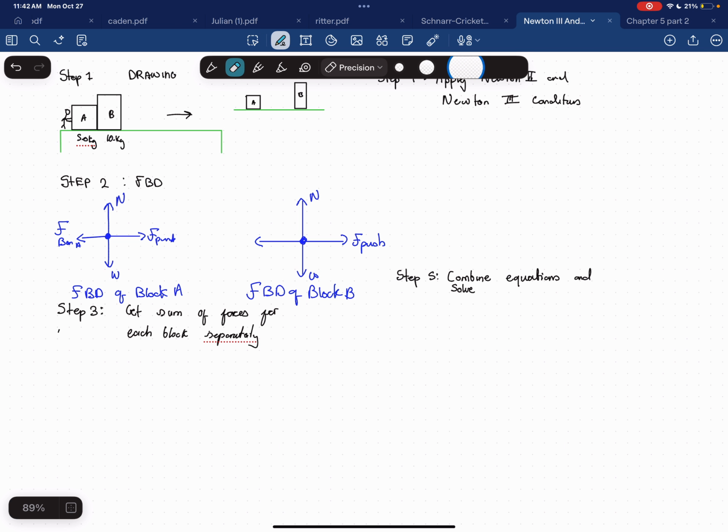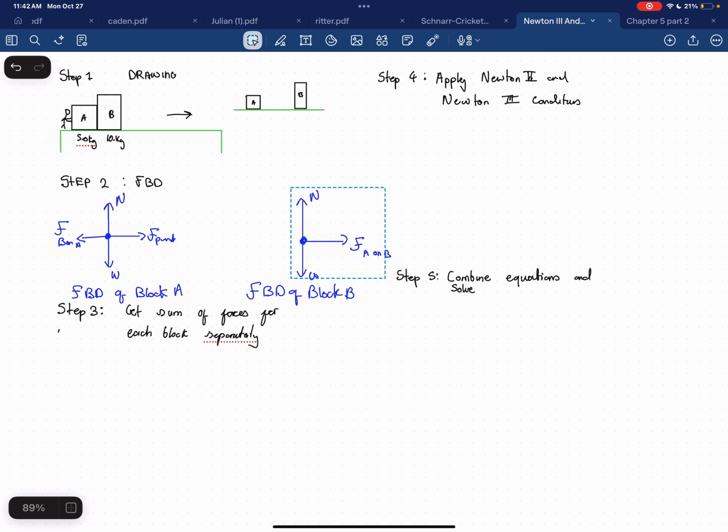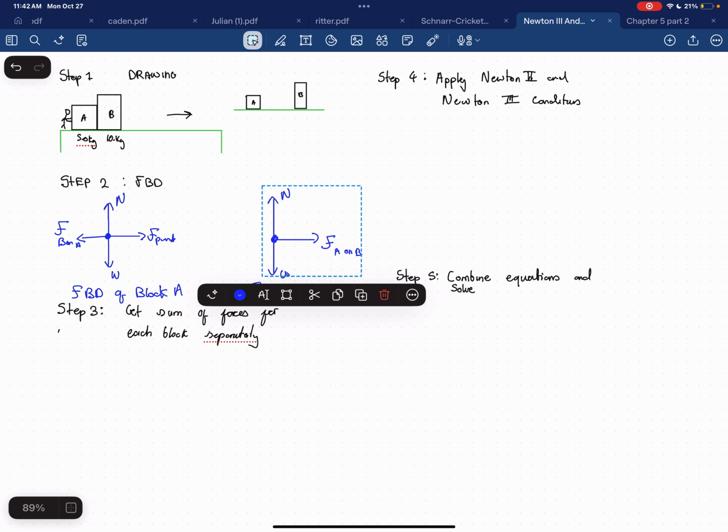Block B doesn't experience F push. And neither does it experience anything there. Block B only experiences F of A on B. All right? That's the free body diagram for block B. F of A on B.